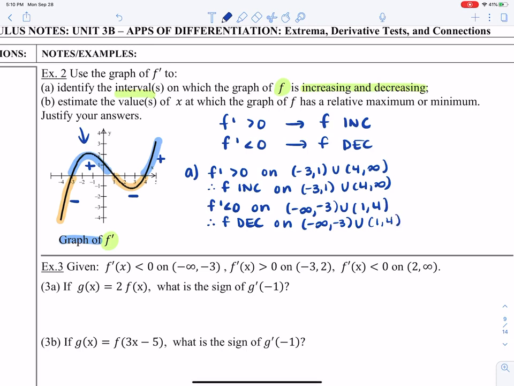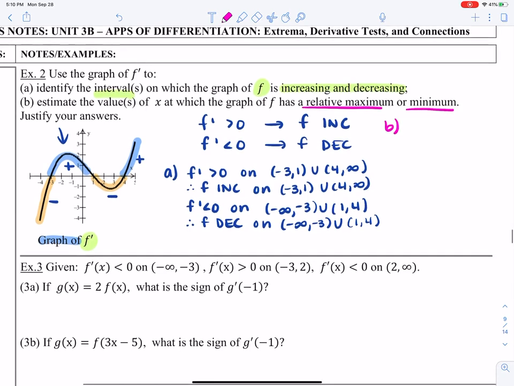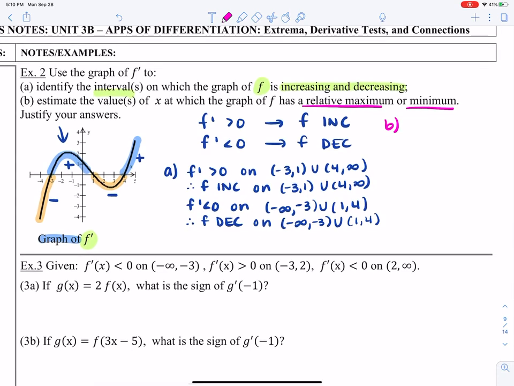That means f is increasing on the interval from -3 to 1 and from 4 to infinity. And this is totally weird on your mind because you're looking at what this graph is doing, but I don't care about whether this graph is increasing or decreasing. What I care about is, is this a positive value of f prime or a negative value of f prime?